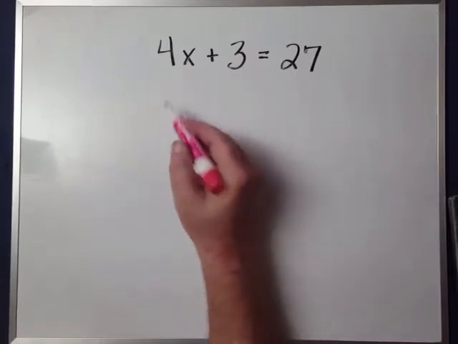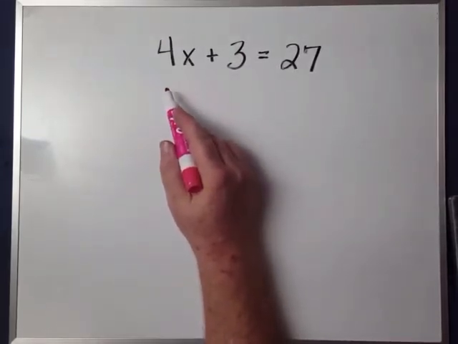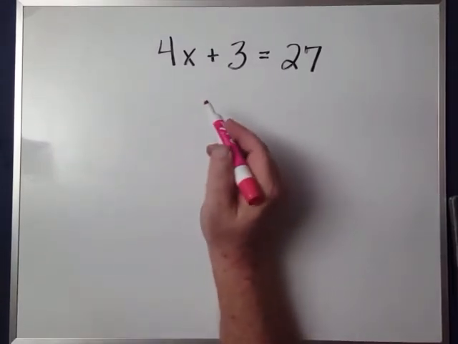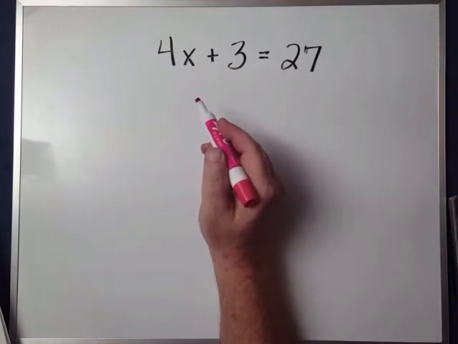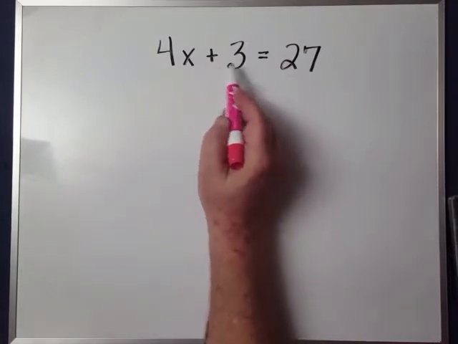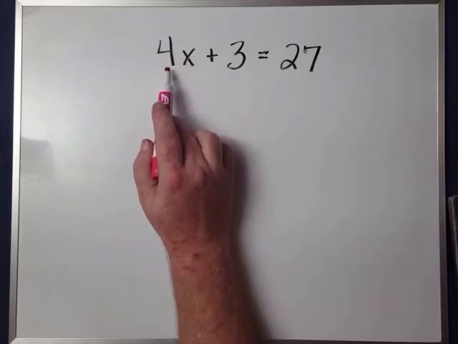If we're trying to dig it out from under this 4 and this 3, then we need to approach the order of operations backwards. That is, we will deal with the plus 3 before we tear apart this 4x.